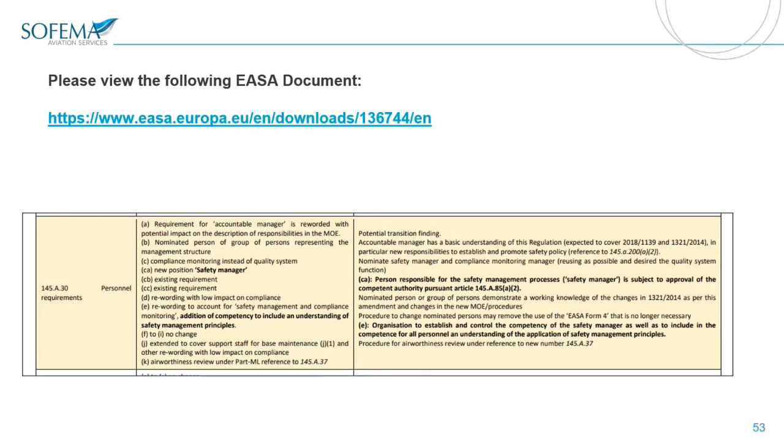What does that mean? Well, we've got to determine for our organisation a framework by which we will find an acceptable safety manager. It's not necessarily one size fits all. You've got to accept that it's scalable.